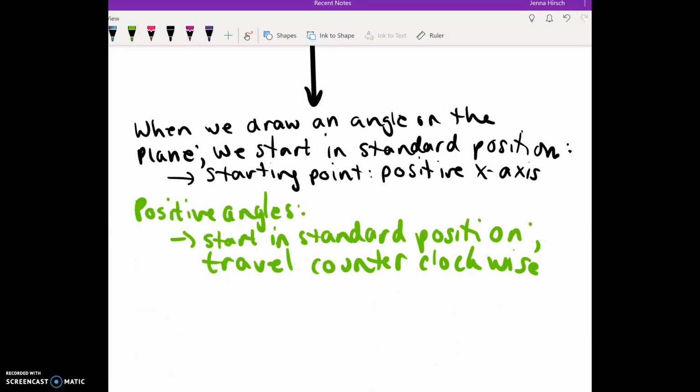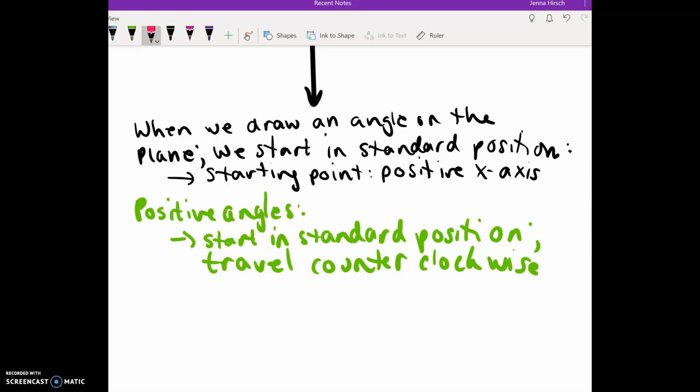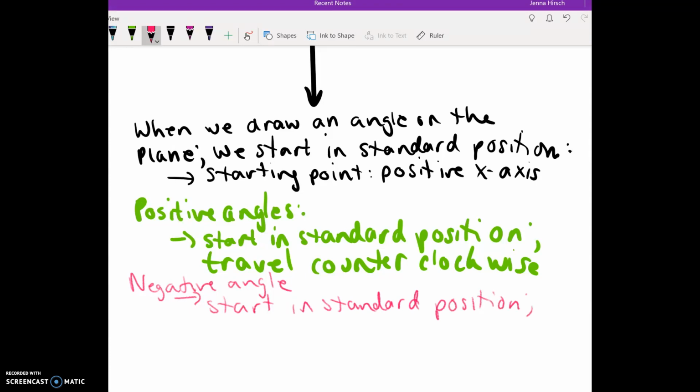Now, what goes hand in hand with it is this idea of a negative angle. So let's talk about what we mean when we say a negative angle. For negative angles, we are still going to start in standard position, but we're going to travel in a clockwise manner.